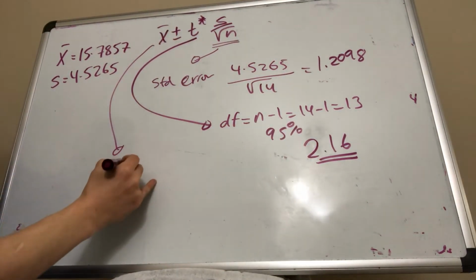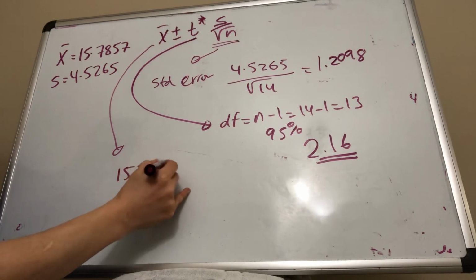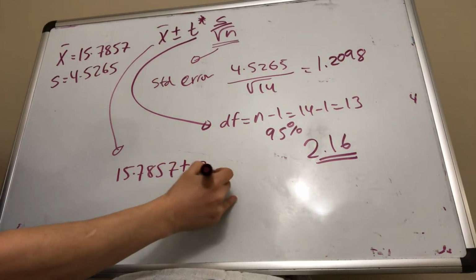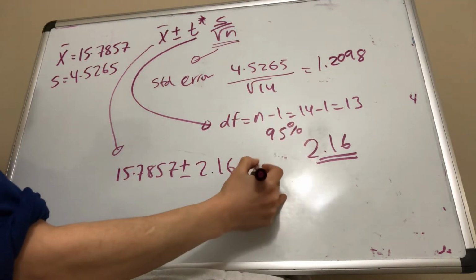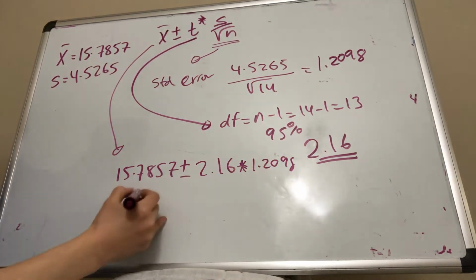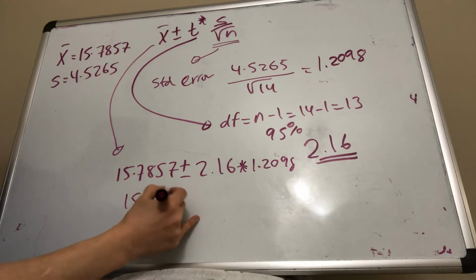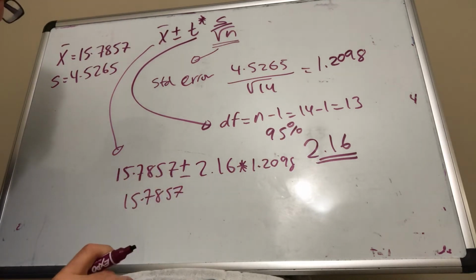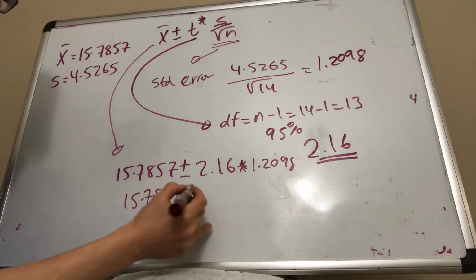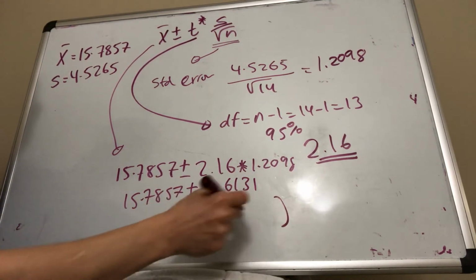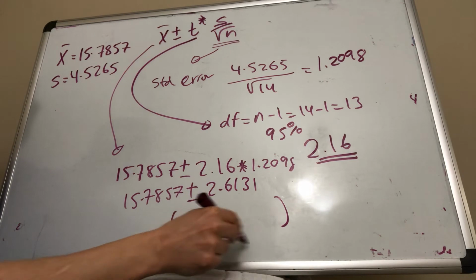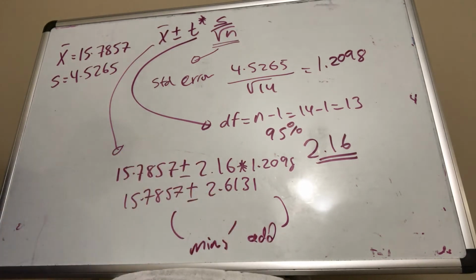So you go average, plus or minus t-star times standard error, which is the 1.2098, 15.7858. You multiply. And I told you, here you minus them, here you add them, and you get the answer. You know how to do it.